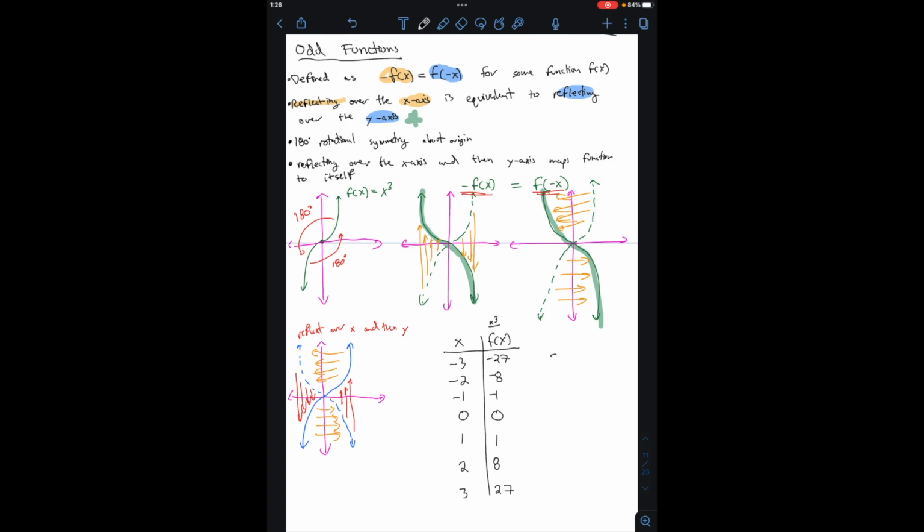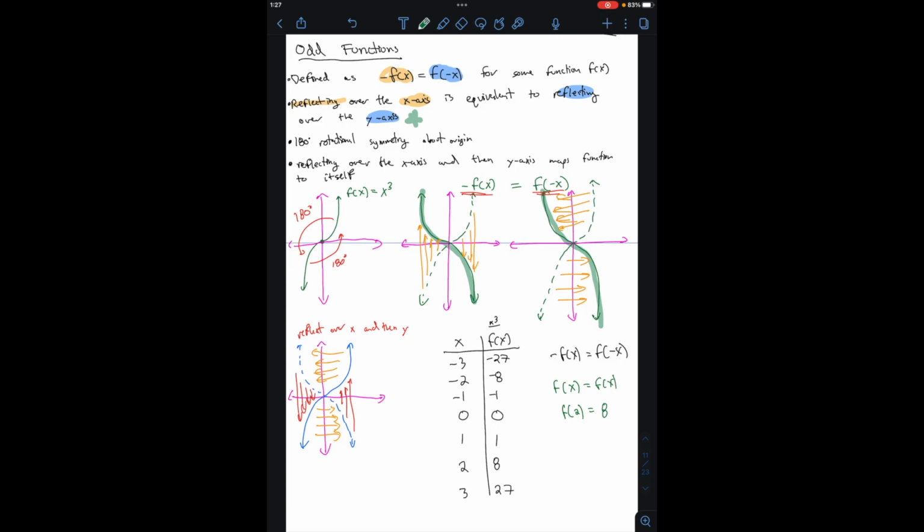And we said that negative f of x and f of negative x are supposed to be the same. So if I had f of x equals some output, and I did f of 2, and that equals 8, some input of 2 gives me an output of 8.